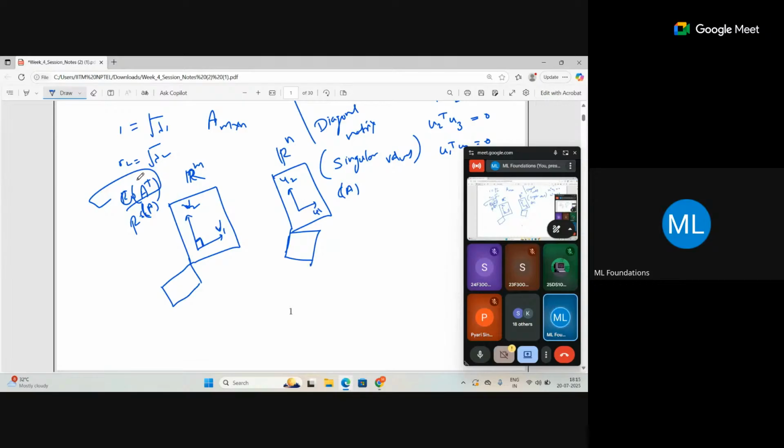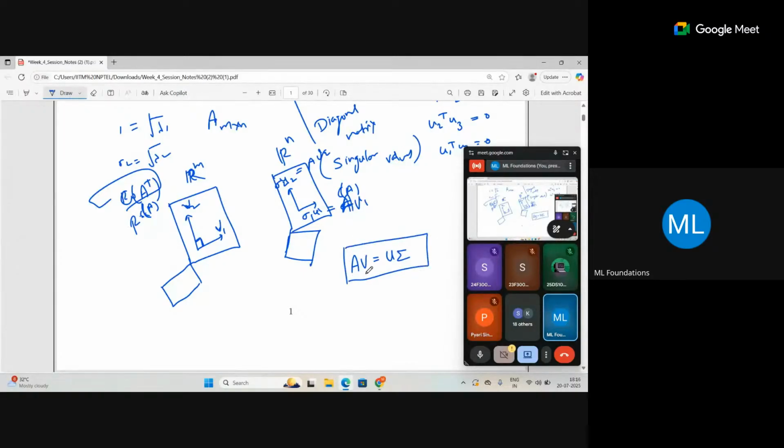And how to find that? Each sigma 1 u1 will be what we get if we perform a linear transformation over these columns of the row space of A. So we are saying that AV should be equal to U sigma.